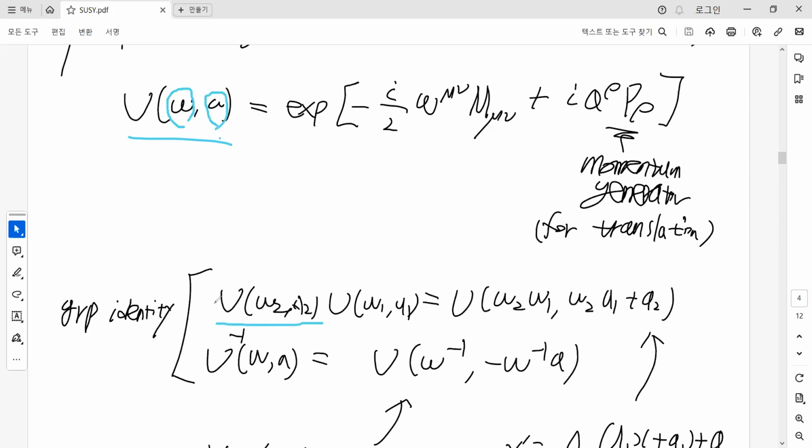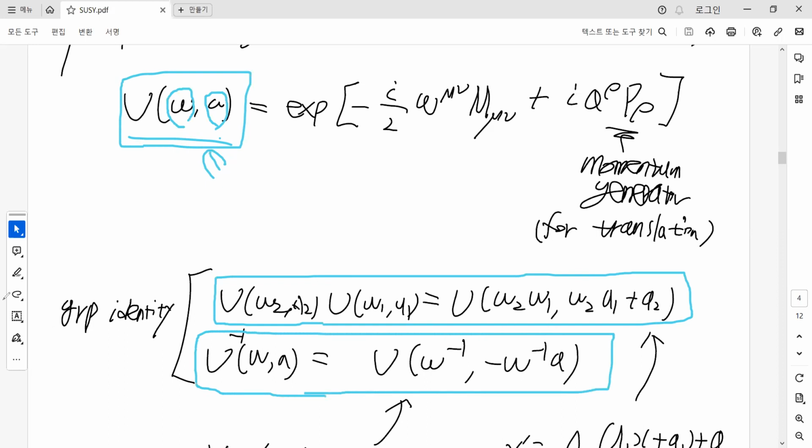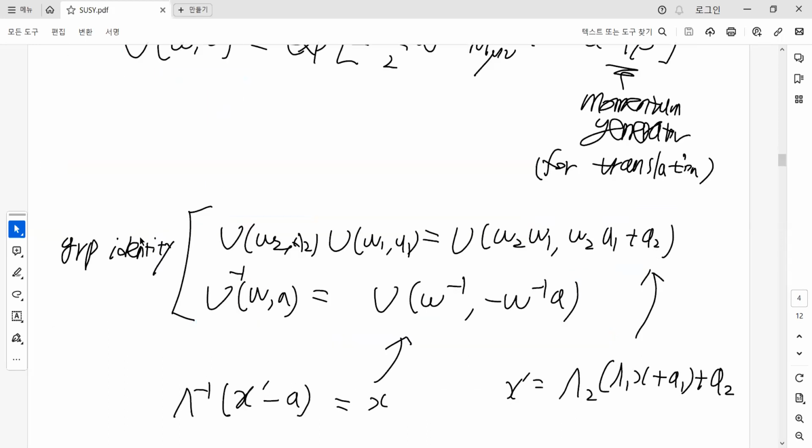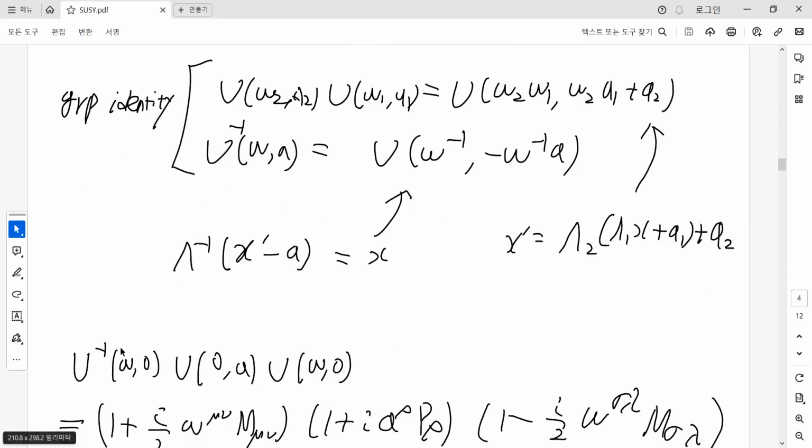So this is just the multiplication of two group elements. This transformation is actually an element of the Poincare group, and the inverse of the element can also be obtained. That is just the addition of transformations and the inverse of the transformation, x prime to x.